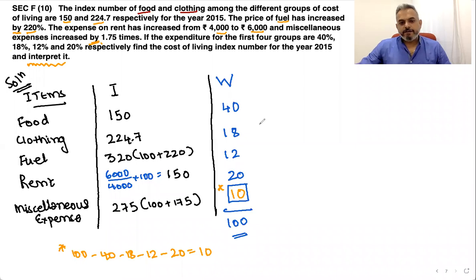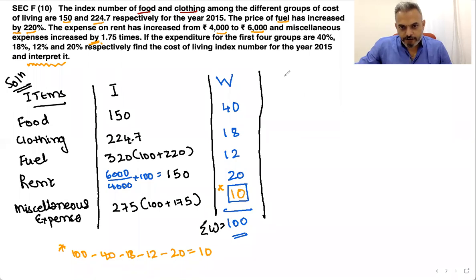So 10 is the weight for miscellaneous expense. So now we got sigma W. Let's find out IW.